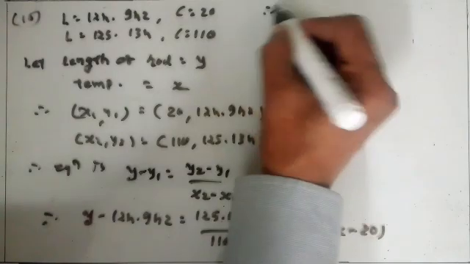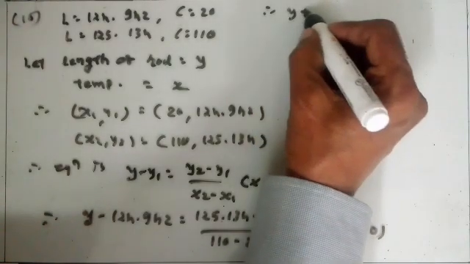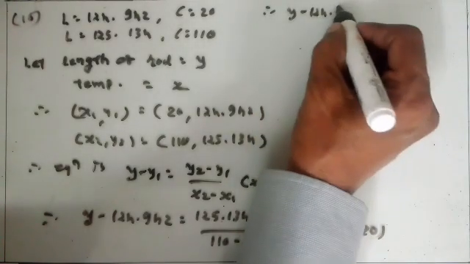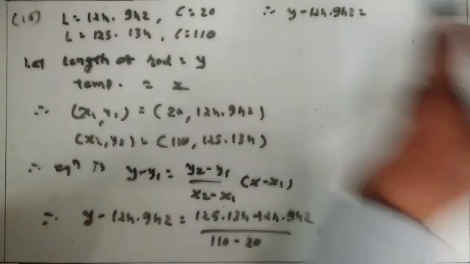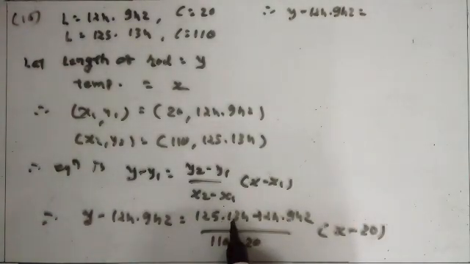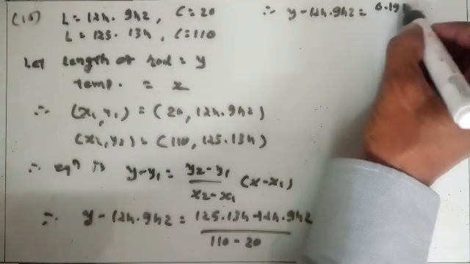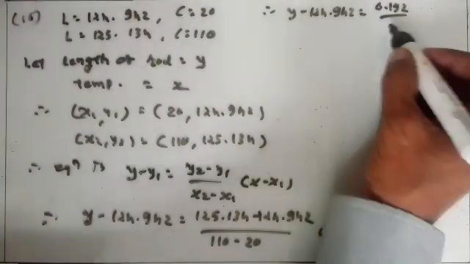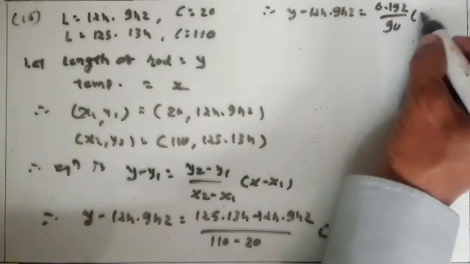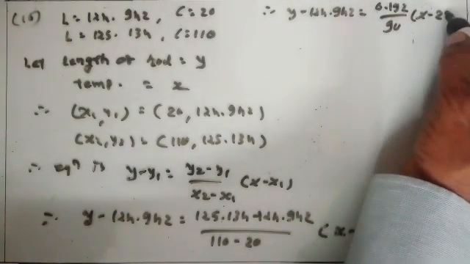Now simplify this. We get y minus 124.942 is equal to 0.192 upon 90 into x minus 20. Clear?